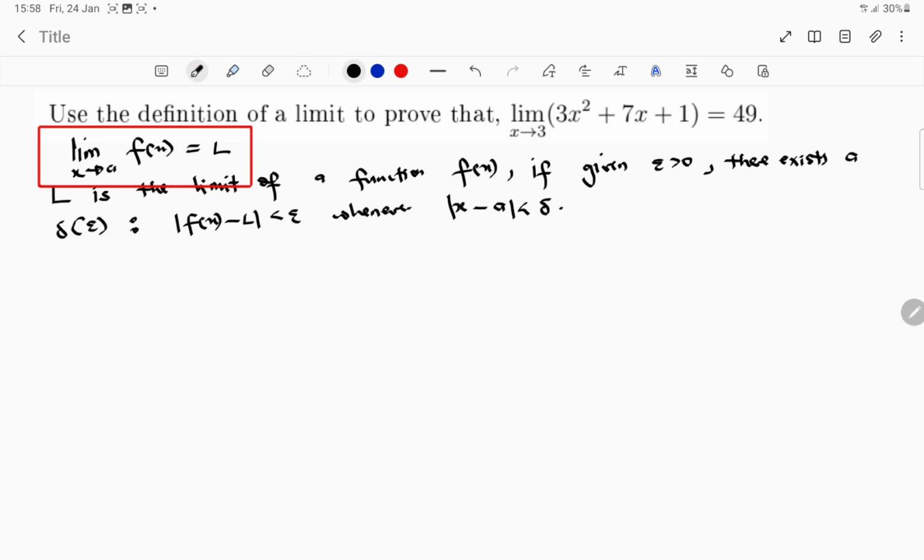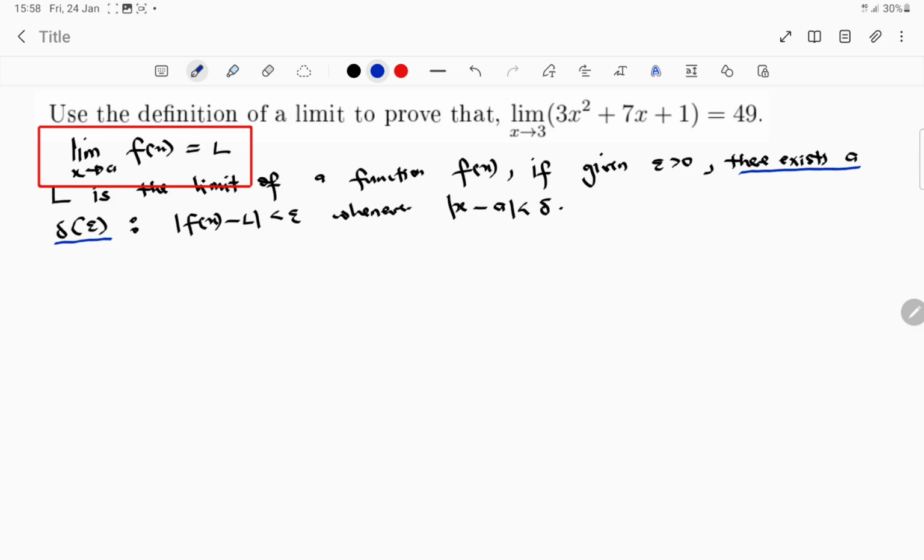We want to use this definition to prove that the limit as x approaches 3 of 3x squared plus 7x plus 1 is equal to 49. So we just need to regenerate this definition, but the part which we want to prove is the existence of delta which depends on epsilon.